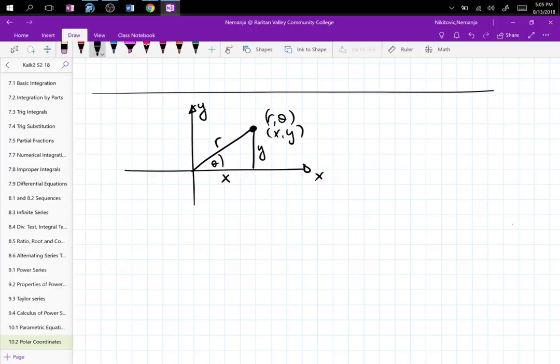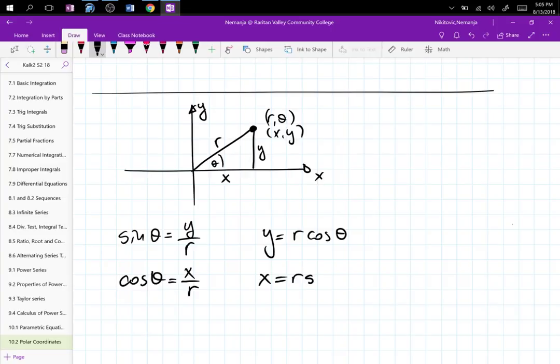So if you say, what is sine theta? Well, sine theta is opposite over hypotenuse, so y over r. You can solve that for y, and you get that y is r sine theta. If you write a cosine theta equation, that will be x over r, and you can solve that for x, you get r cosine theta.